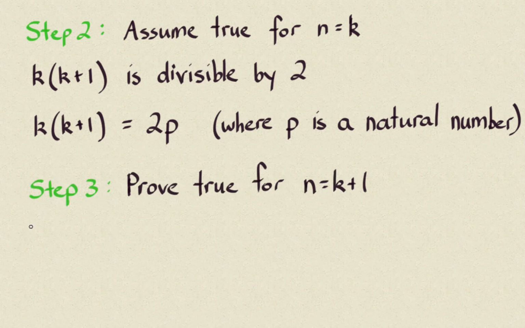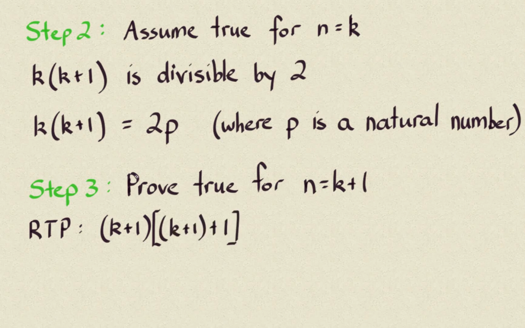So like we've done in previous induction questions, let's actually write out what we're required to prove. And this time, instead of k times k plus 1, we have k plus 1 multiplied by k plus 1 plus 1. Right, so we've now rewritten this with k plus 1 instead. And once again, we want to show that this expression is divisible by 2.